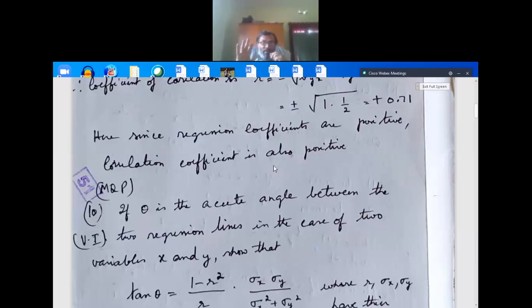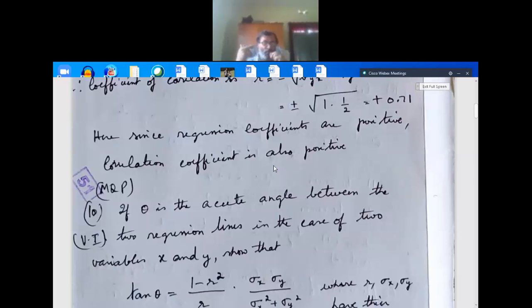Now a condition arrived in the previous problem, which I solved in the last session, where we got the value of r more than 1. We got 1.41. It cannot be more than 1 or less than minus 1; it should be in between minus 1 and plus 1. So when you get such a condition, we have to change our assumptions.